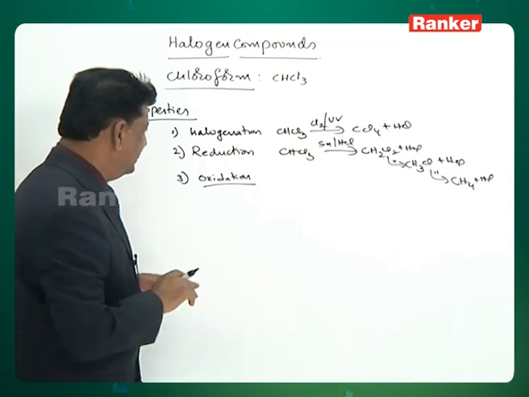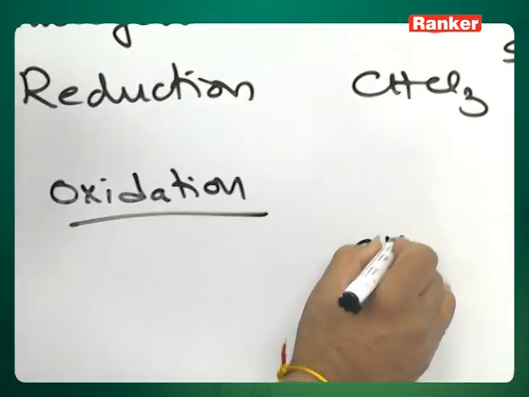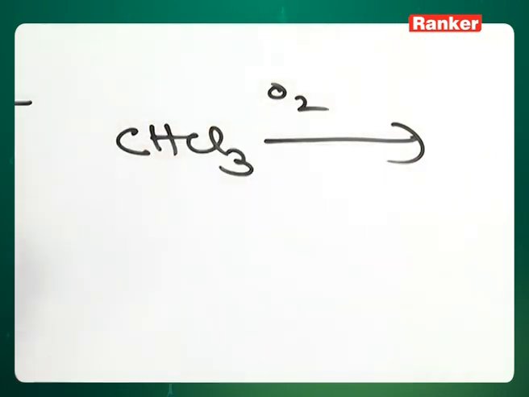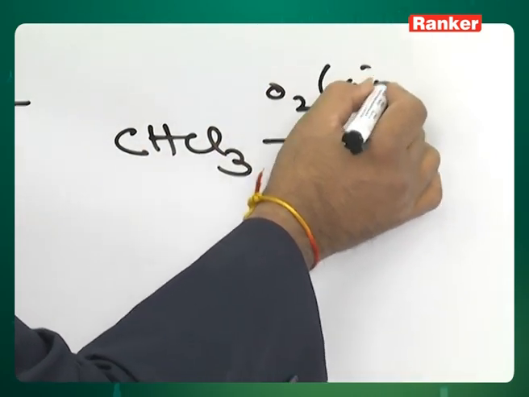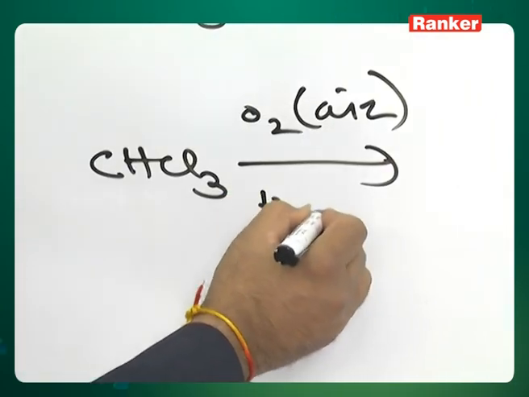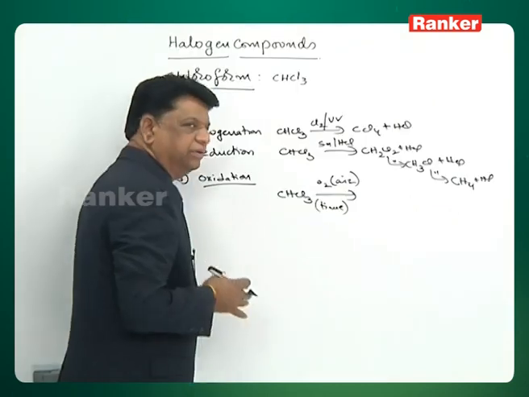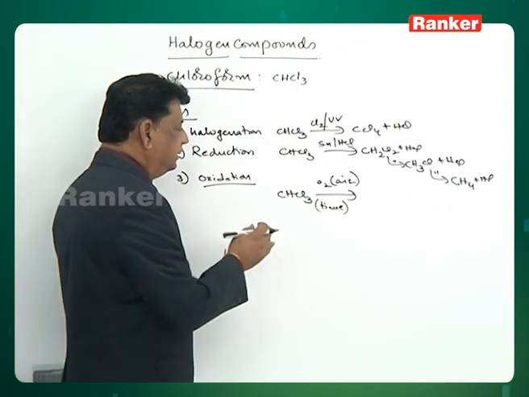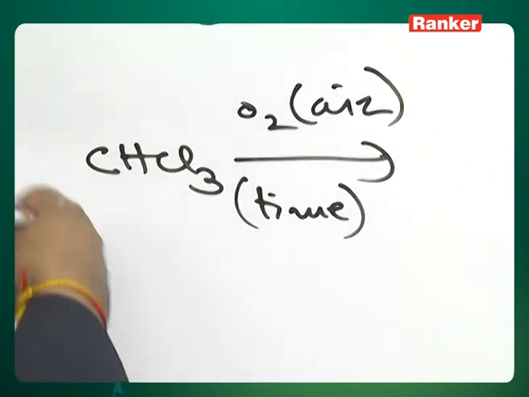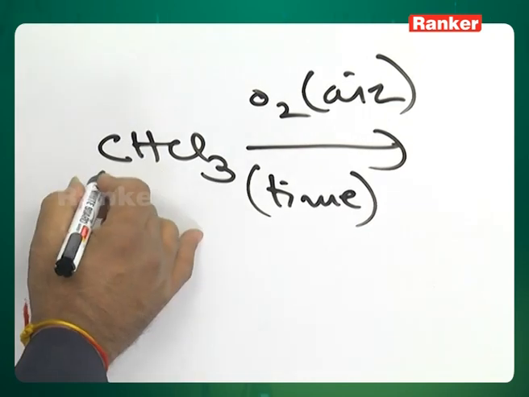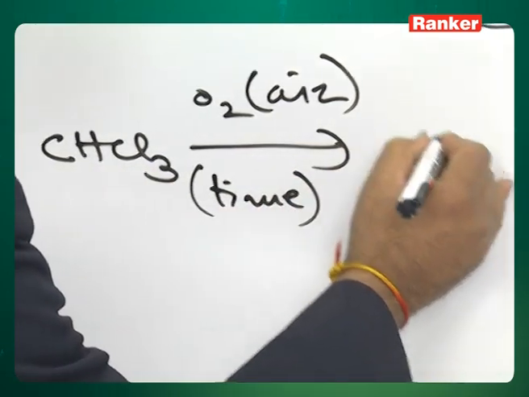Slowly oxidation takes place and the chloroform is oxidized with the atmospheric air. This is from air, no need to add oxygen. But enough time should be there, isn't it? It is not an immediate reaction, it is a slow reaction, a few nights, days, if you keep it like that, then the reaction slowly takes place.